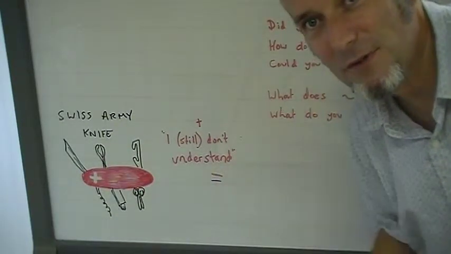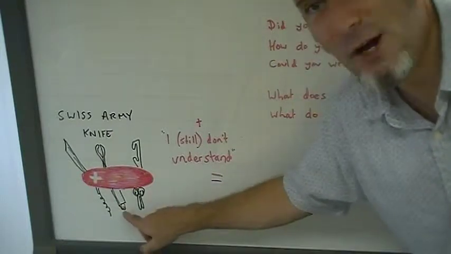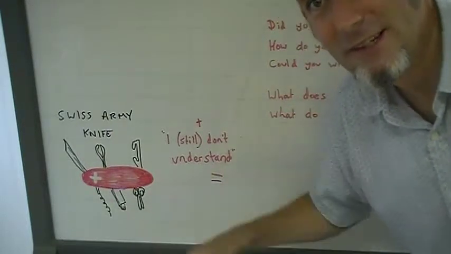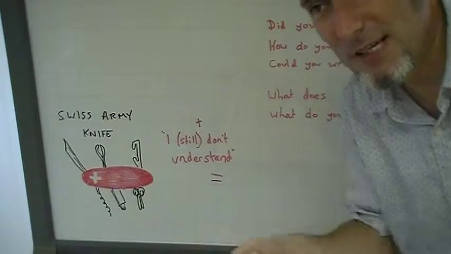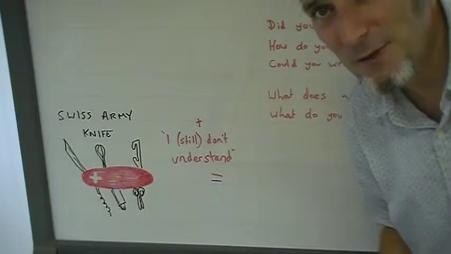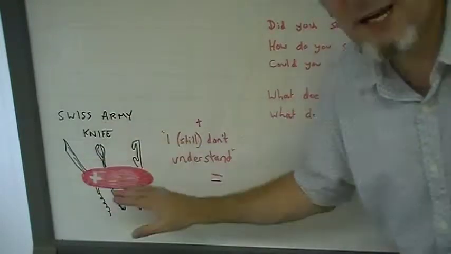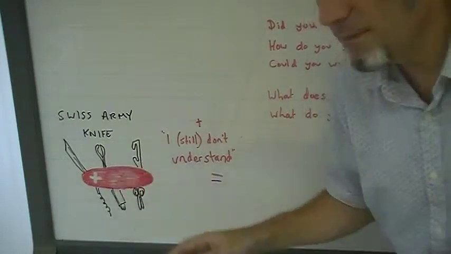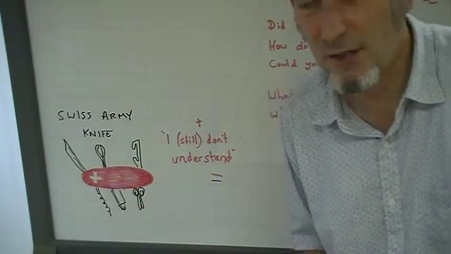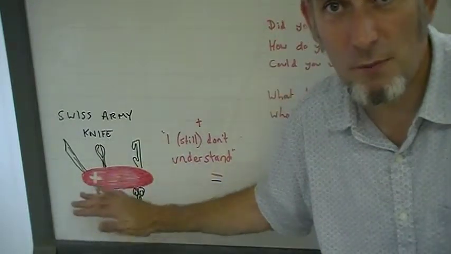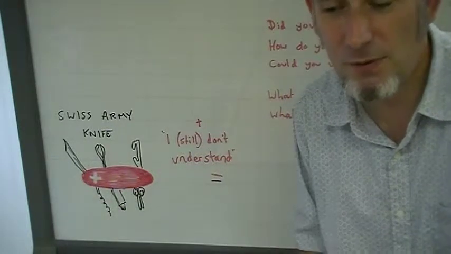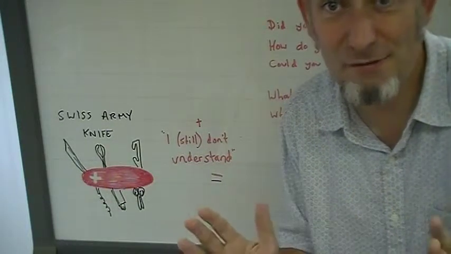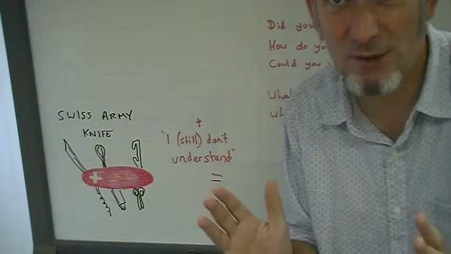The new Swiss Army knives actually come with USB even. There's a USB stick inside a Swiss Army knife. And what I mean is that in any situation, these tools are not perfect, but these tools will help you to survive in any situation.